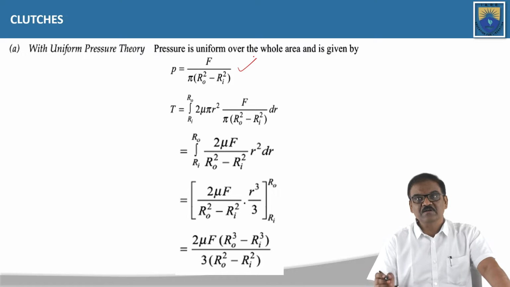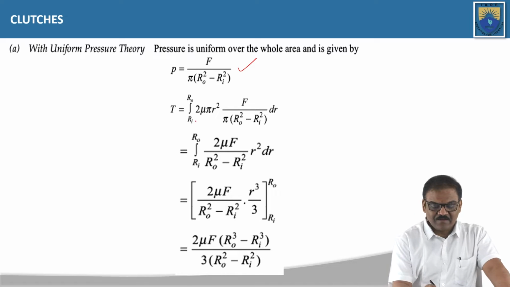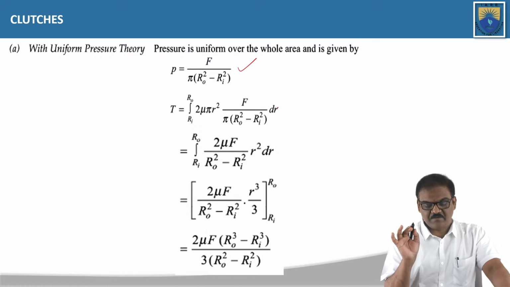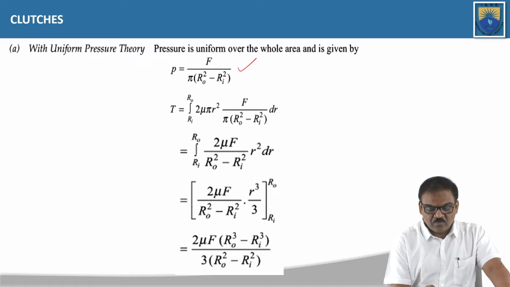Therefore, the total torque is the integral from r internal to r outer of 2 mu pi r square into F by pi (r naught square minus r internal square) into dr. Therefore, 2 mu F by (r naught square minus r internal square) into the integral of r square dr.